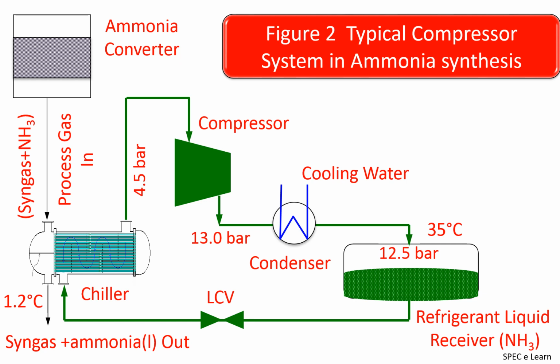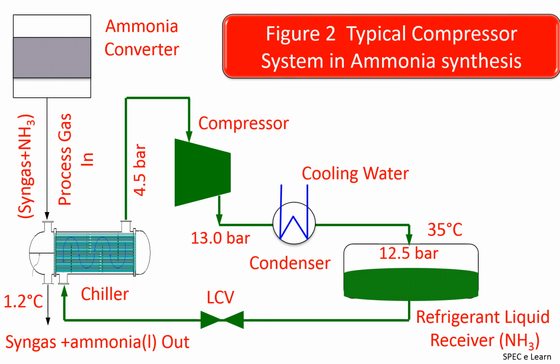Shown here is another compressor system. This figure shows a refrigeration chiller compressor used for ammonia synthesis by Haber-Bosch process. The compressor is used for condensing the refrigerant vapor generated from the chiller.